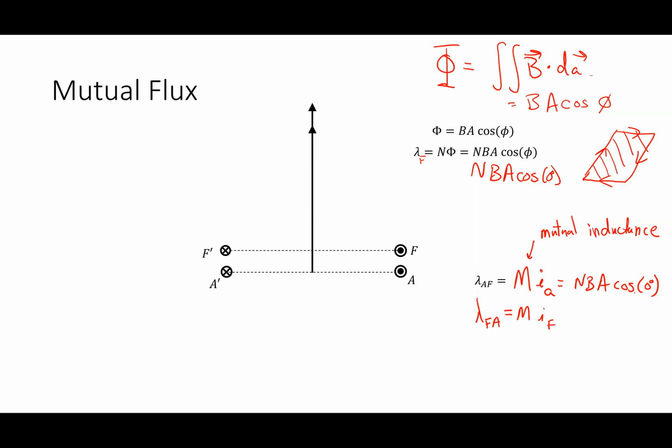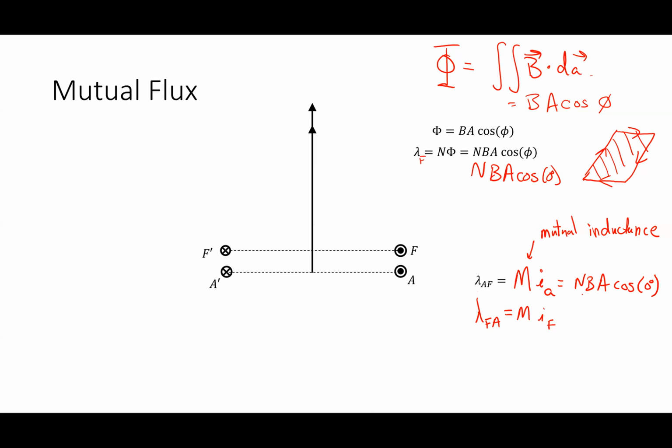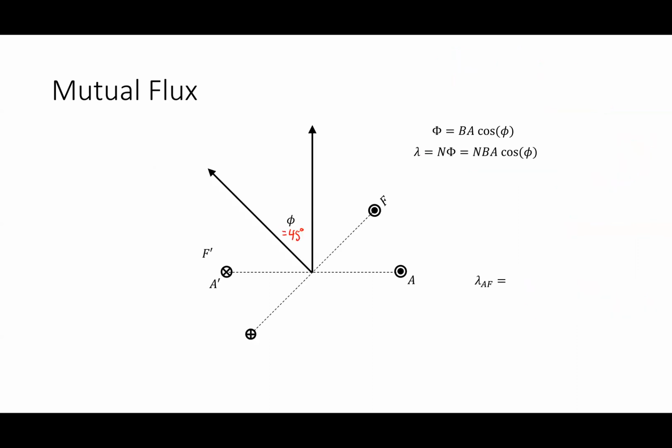Like that, right? But if I keep the current constant and say I'm not changing the current, what would it be here? So this guy right here, what's cosine of 0 degrees? 1. So that whole thing is M. So what is it here?